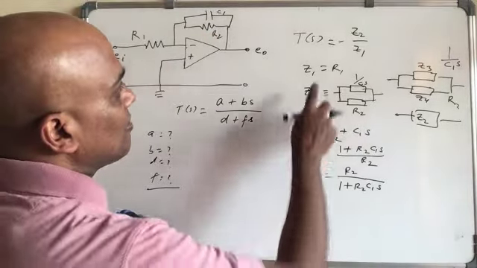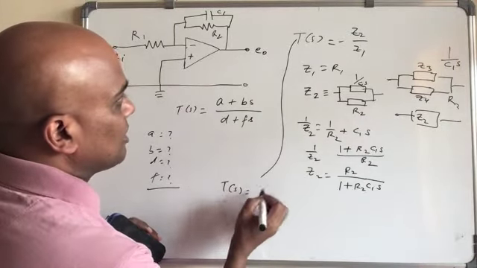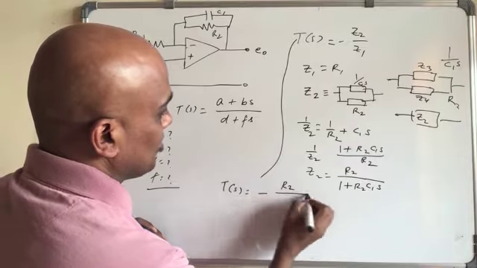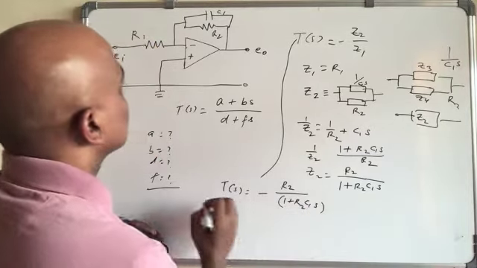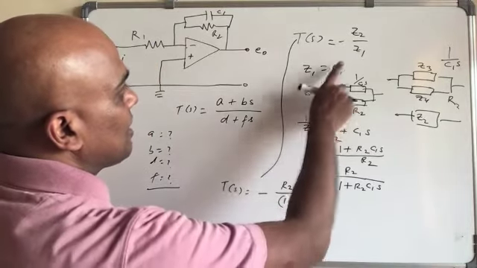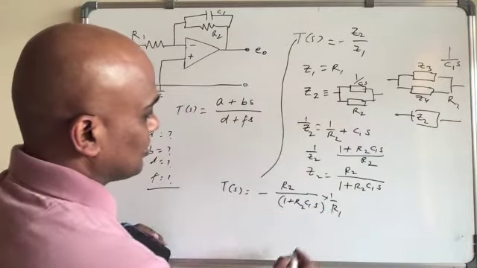Okay, now coming from this, Ts will be equal to minus Z2, which is R2 over 1 plus R2 C1s, divided by Z1, which is R1. So what do you get?